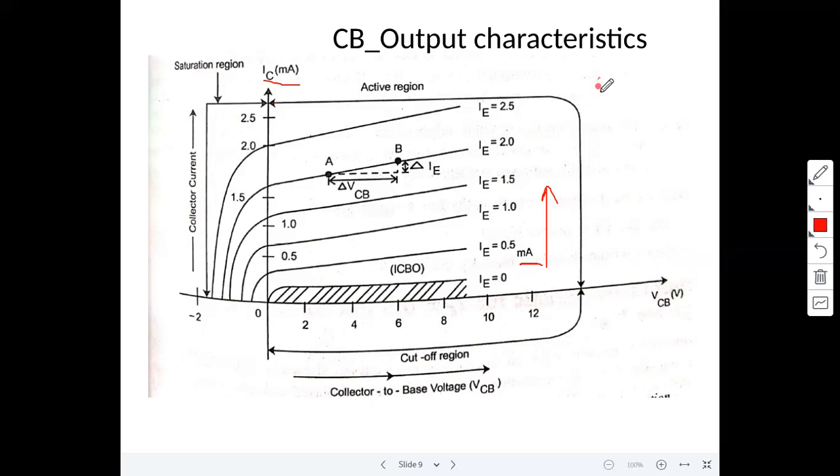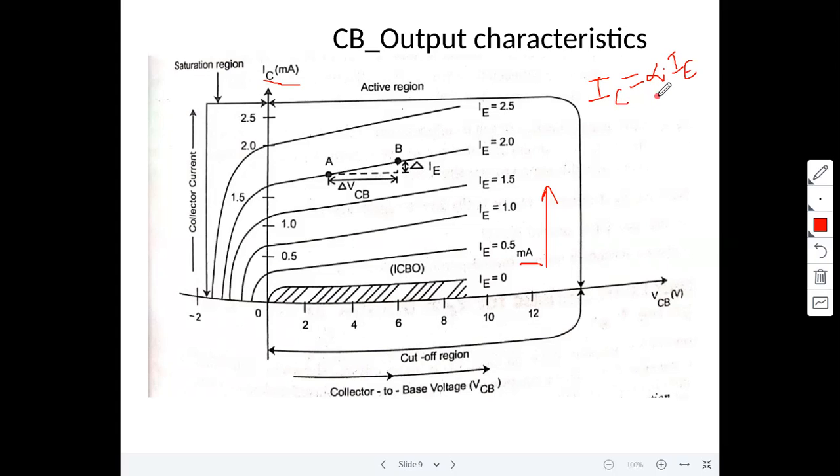And already we know the relation between IC and IE. IC is equal to alpha times IE, right?